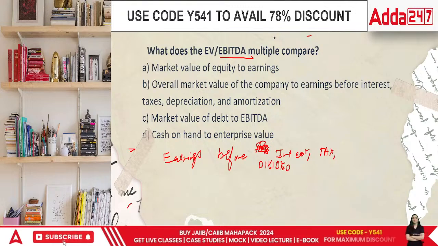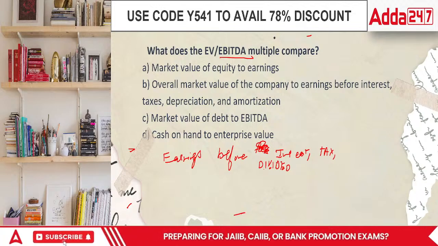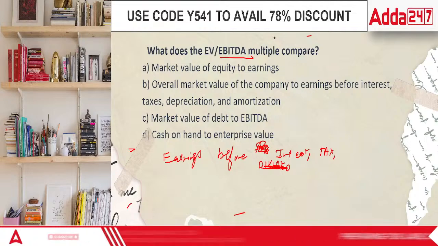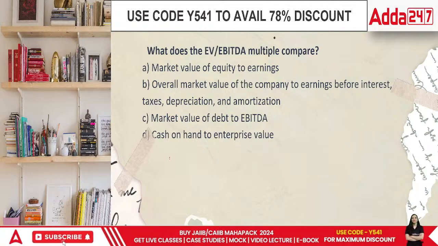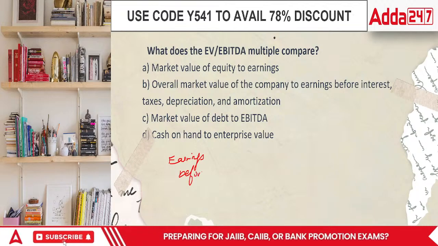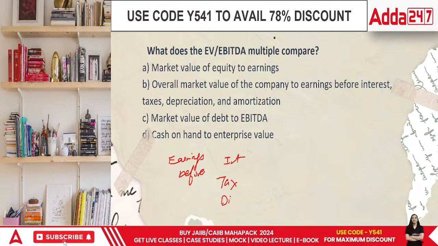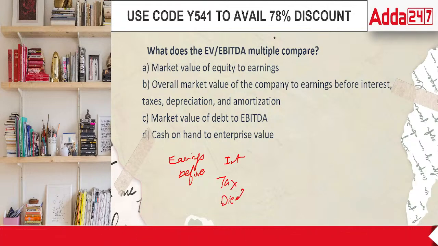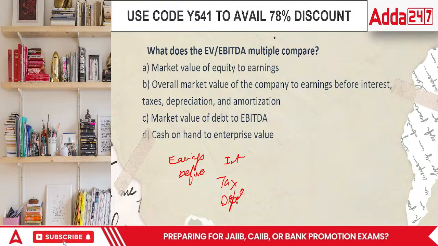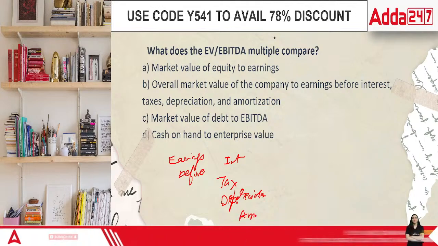Just a moment. It is earnings before interest, tax. Then we have depreciation. And the last one is amortization.